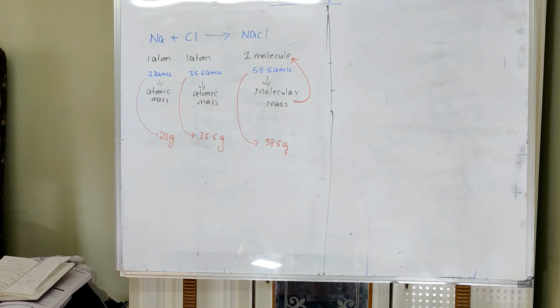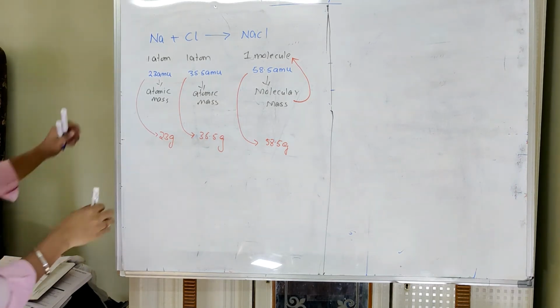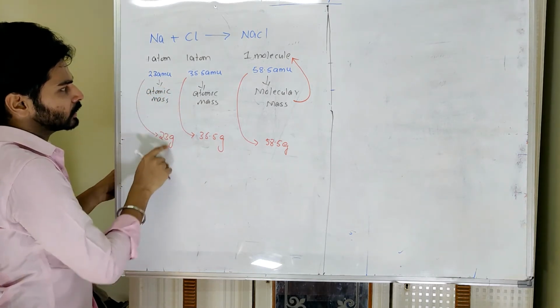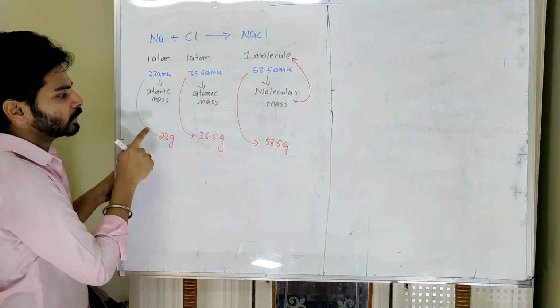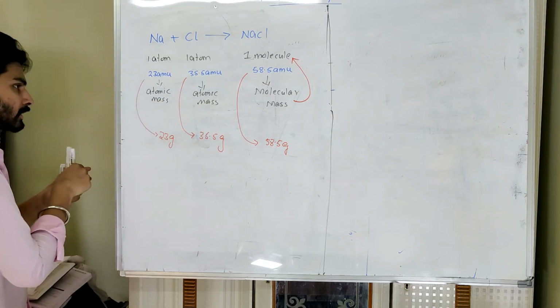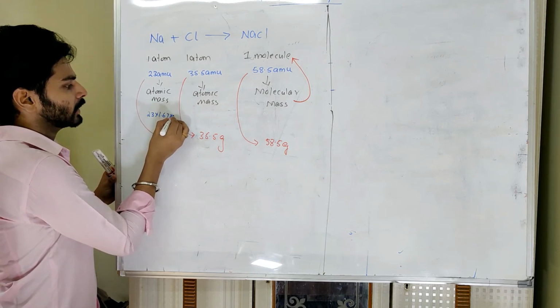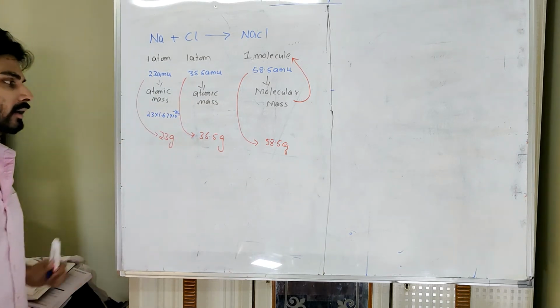Here the number of counts changed. How have we converted this 23 into 23 gram? There is a change in the unit, that means I need to multiply with 1.67. So I will write here 23 into 1.67 into 10 raised to minus 24. This will become gram.